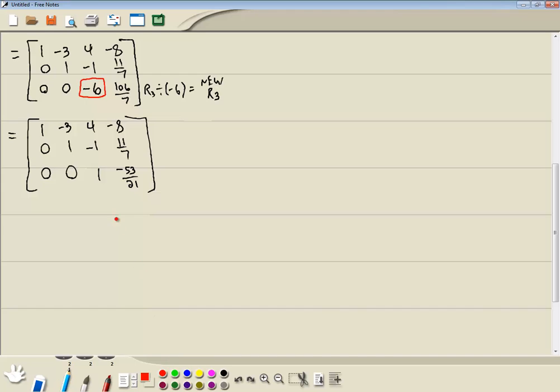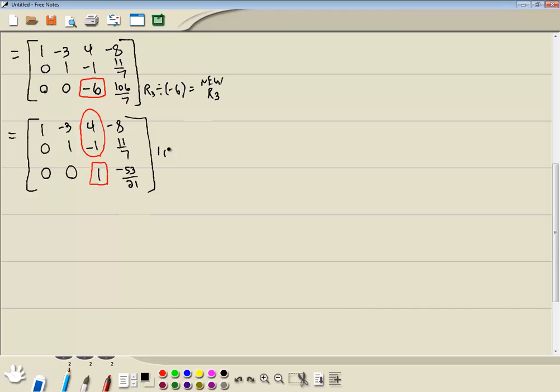So I'm going to go back up on my diagonal 1s. Now we already have 1s here, so we don't have to do that. But now we want to get zeros above it. So you look at this -1 here and ask yourself, what do I multiply times this 1 that I can then add to this -1 to give me a 0 there? Well, positive 1.